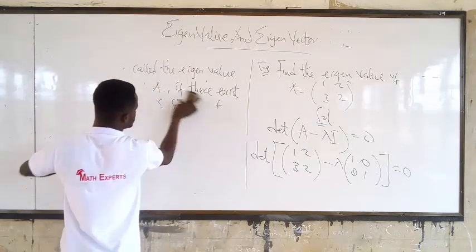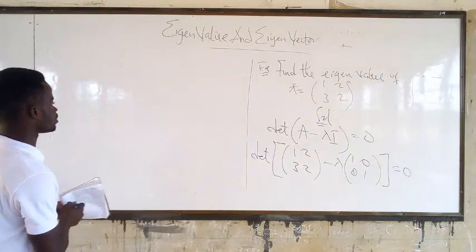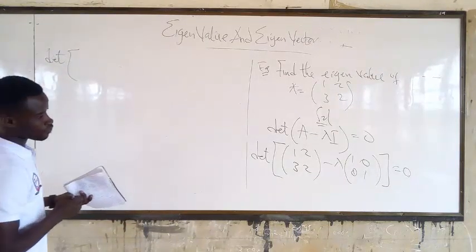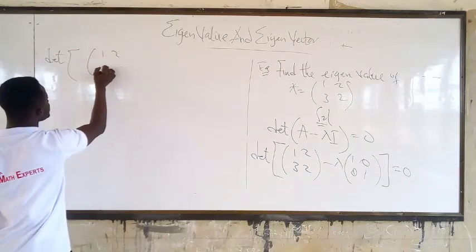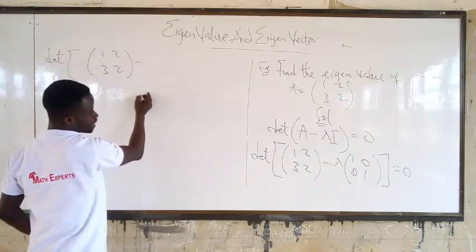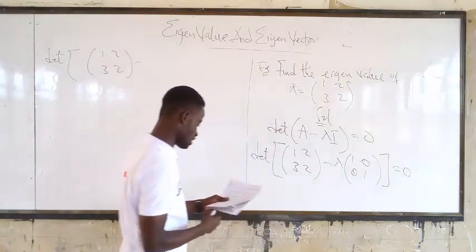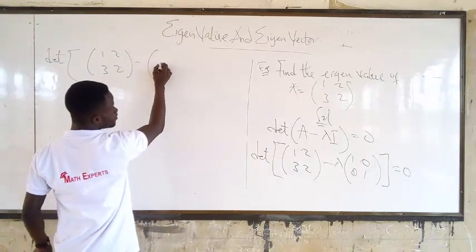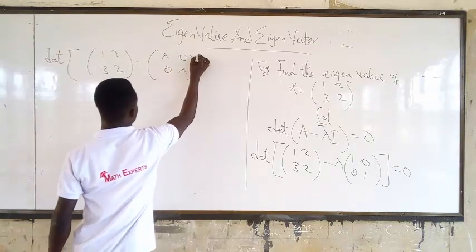Alright, so now the determinant of 1, 2, 3, 2 minus, so when you multiply lambda through the identity, you are going to get lambda 0, 0 lambda. Alright.